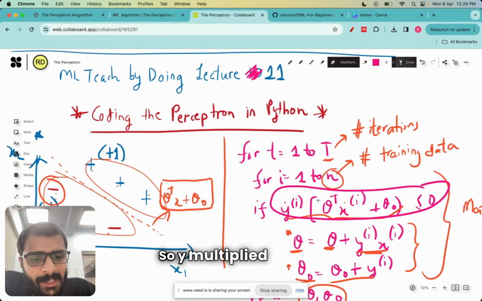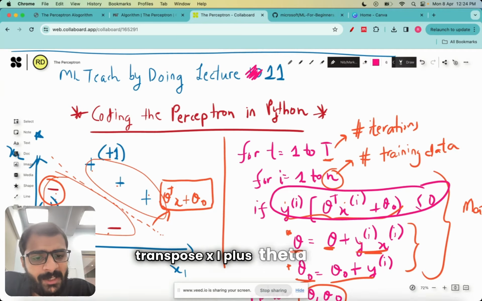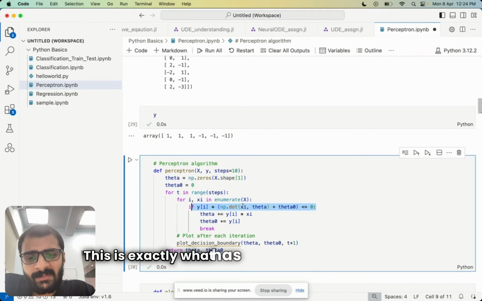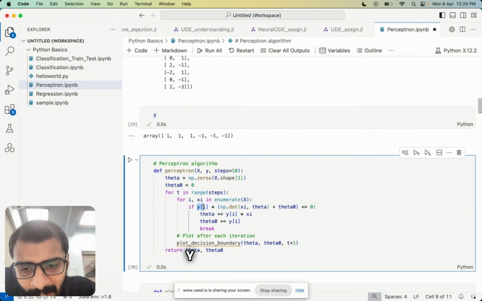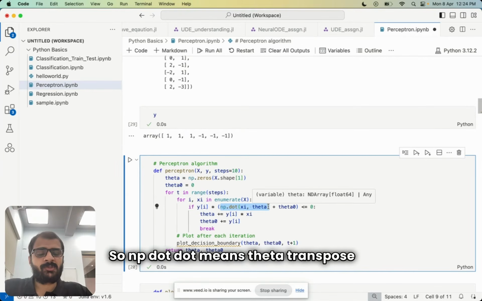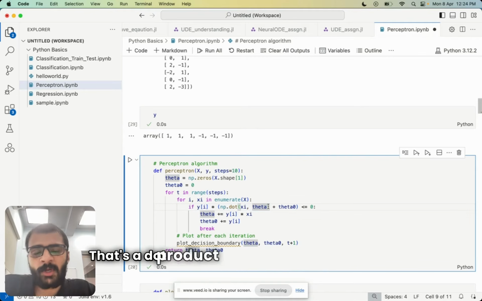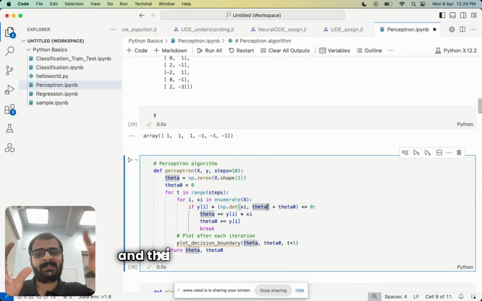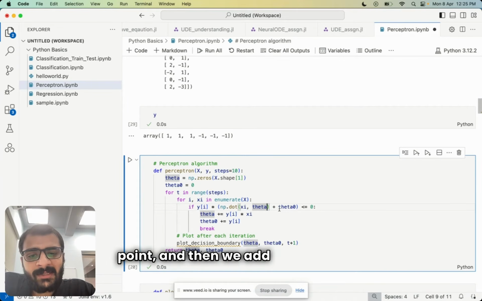So yi multiplied by theta transpose xi plus theta naught is exactly what has been written over here. Yi multiplied by np.dot, which means theta transpose xi. That's a dot product between the theta vector and the xi vector, which is the current point. And then we add theta naught.